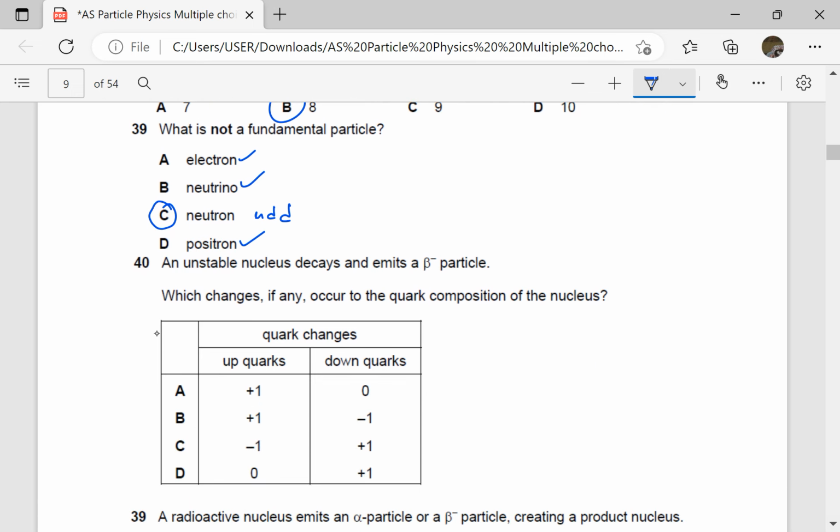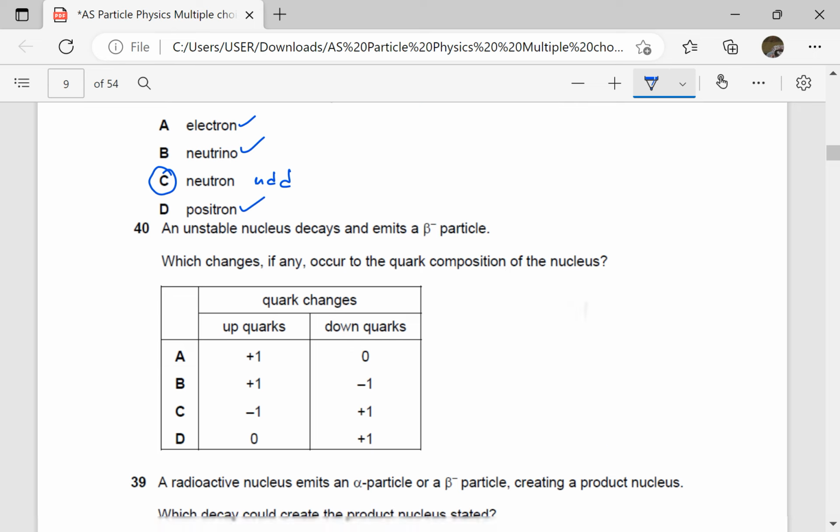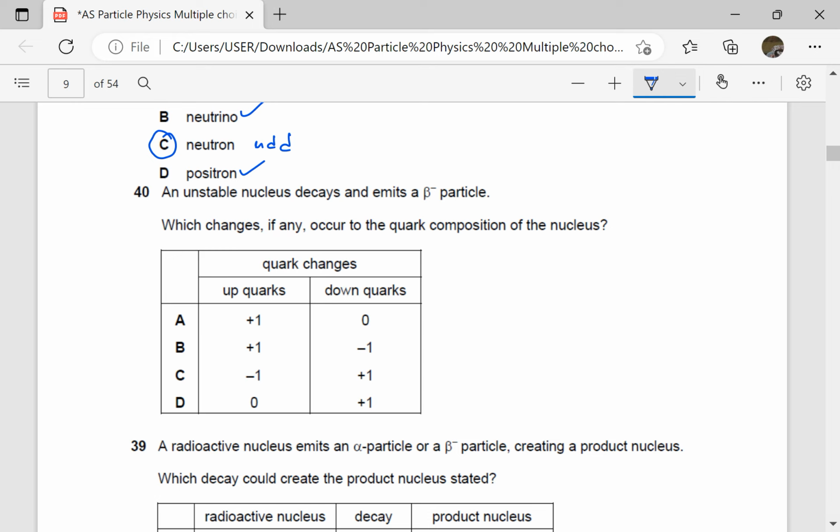An unstable nucleus decays and emits a beta minus. What changes, if any, occur to the quark composition of the nucleus? If the nucleus X decays to give Y, with A and Z, the nucleon number does not change. Z should increase by 1 if it emits beta minus, 0, negative 1.